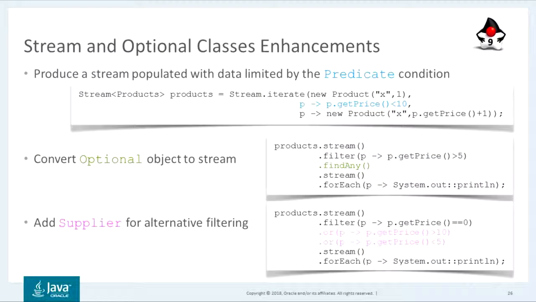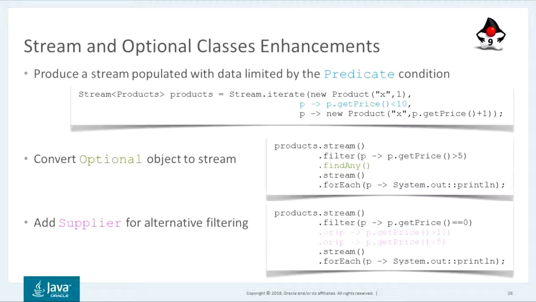It's a combination of two areas of enhancements, obviously processing a stream, but also working with an optional object. An optional object allows you to process content in a stream without actually crashing if it's null.